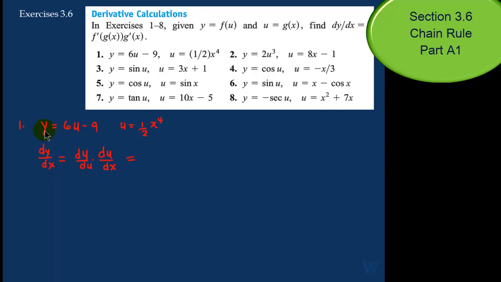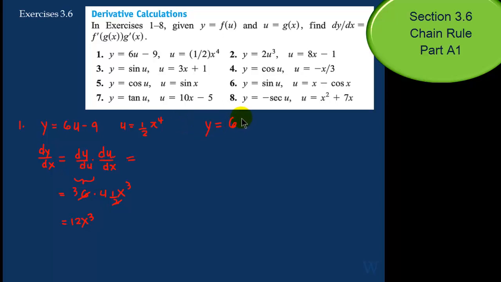I'm differentiating y with respect to u, and that's equal to 6 minus 0, because the derivative of a constant is 0, times the derivative of u with respect to x, and that's equal to 4 times 1/2 x cubed. That cancels out, and we are left with 12x cubed. That is one way of solving this problem. Another way would be simply by substituting.